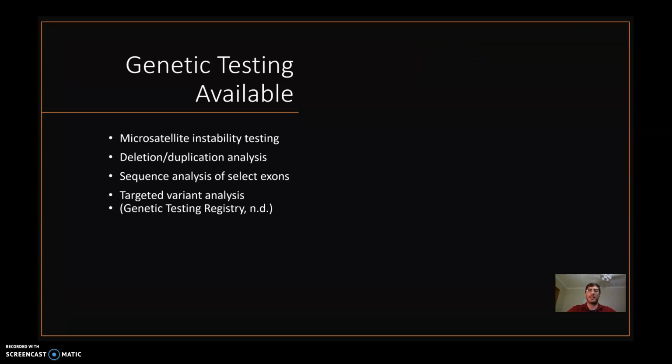So there's some genetic testing available, like microsatellite instability testing, deletion and duplication analysis, sequence analysis of select exons, and targeted variant analysis. These are all good tests to see if you have this aberrant gene, but typically the testing can either be done in the clinical lab, like putting it under a microscope, or we can do a saline test where we put your sickle cells in a test tube.